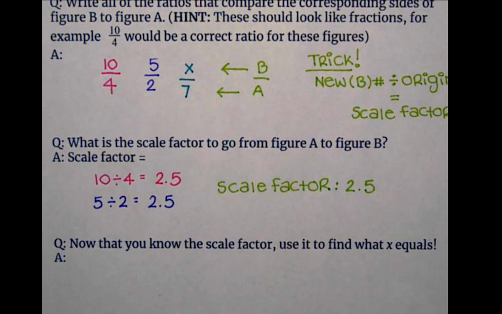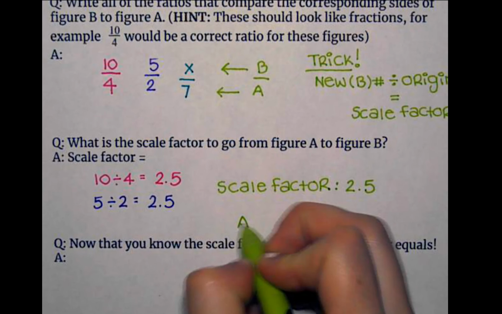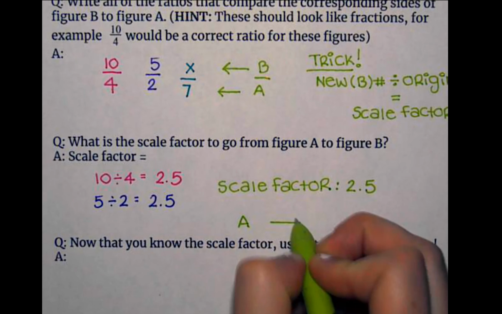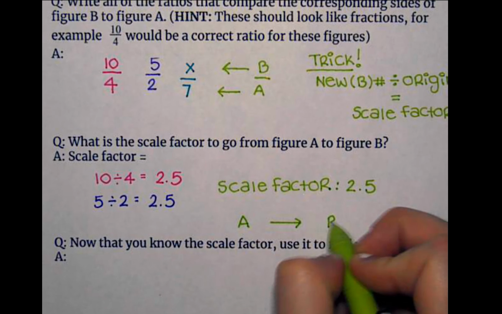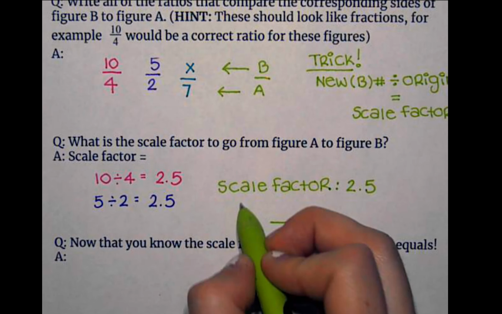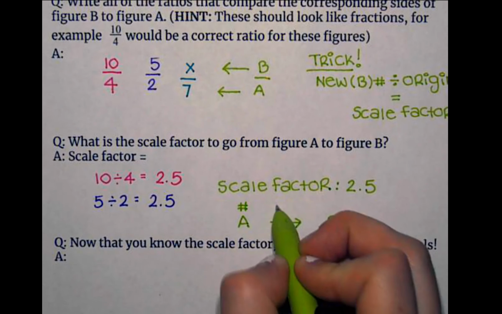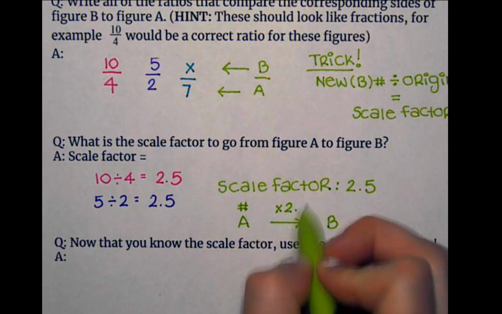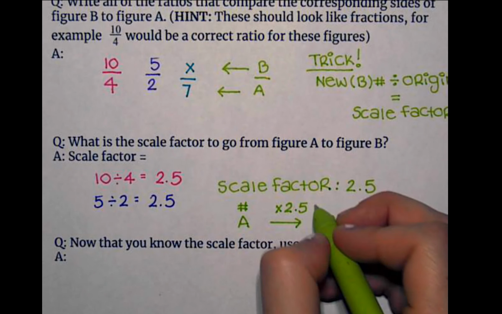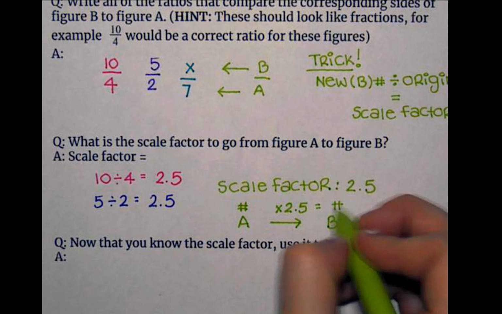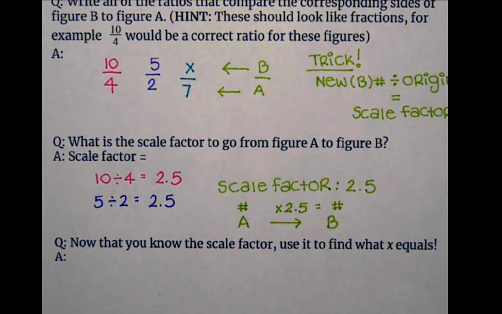That's very useful because what that tells us is that in order to go from A to B, we have to times this number by 2.5 in order to get this number. So let's try that down below on the next problem.